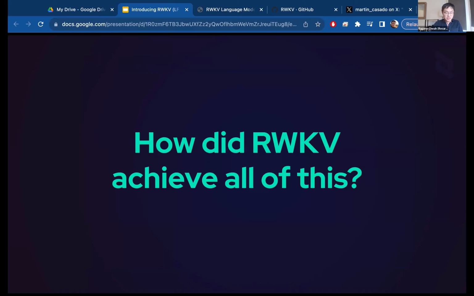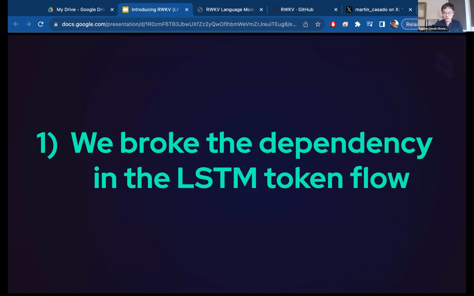So how did RWKV achieve all this and make it available within the open source space? I think if you remember the era before Transformers, we had RNN, and approximately 6 to 8 years ago, RNN was the AI wave. Unfortunately, as we tried to build larger and larger RNNs, we realized it didn't scale well, and that subsequently led to the current era where Transformers came in and replaced RNN because they can scale up.